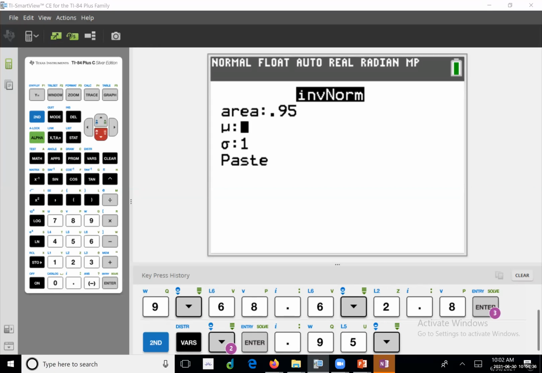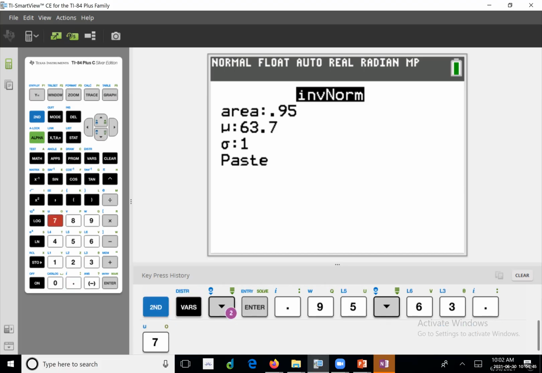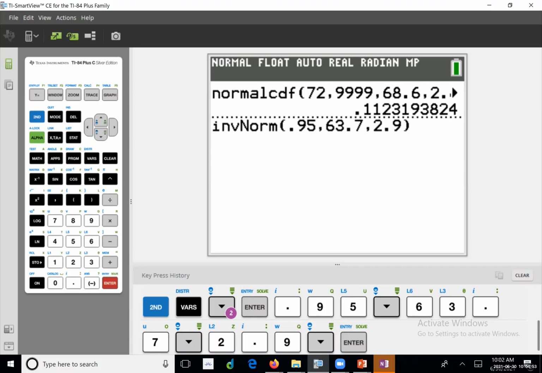Yeah, 63.7. And sigma was 2.9. Okay. And again, if your calculator doesn't have the layout, it is 0.95, comma, 63.7, comma, 2.9.